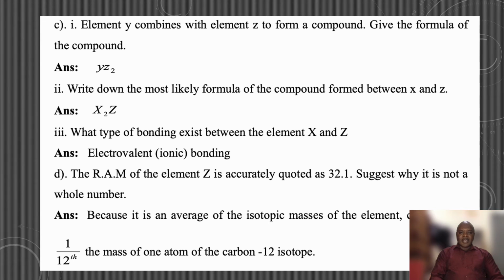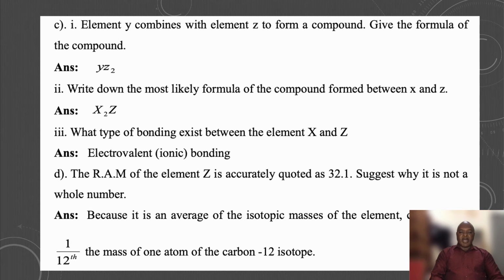In order to cancel them out, for the +4 we will need 2 of the -2 from Z to cancel the +4 in the Y, because Y, group 4 or group 14, has a +4 oxidation state.